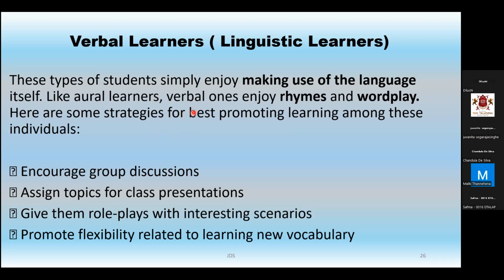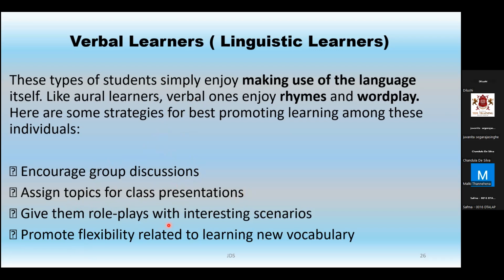Communicating words is needed for them. Group discussions can be done very effectively with verbal learners. Make them engage in group discussions. Presentation: assign topics for classroom presentation.